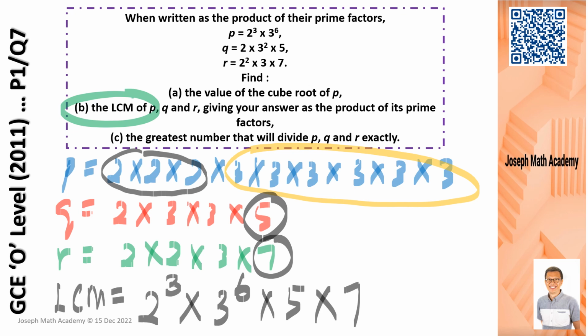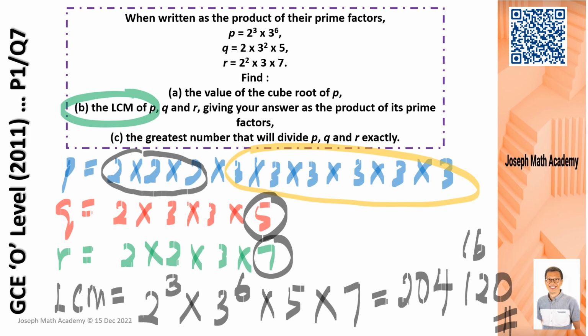No more. So the LCM of P, Q, R is 2 cubed times 3 to the power of 6 times 5 times 7. And if you use the calculator, it should give us a super big number, 204,120. So this is the answer for part B, LCM.